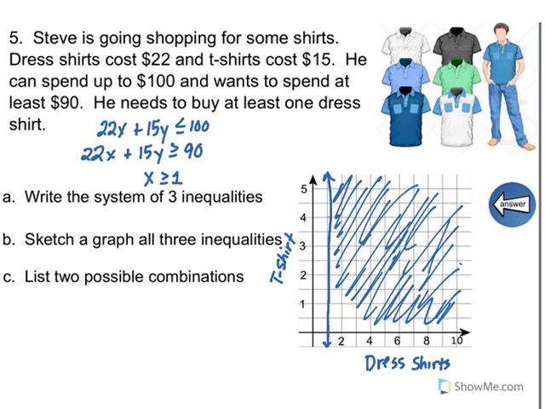Okay, we're going to have to change both of these other equations into slope-intercept form. So I'm going to change this first one, subtract 22x, that's going to be 15y is less than or equal to negative 22x plus 100, divide by 15.